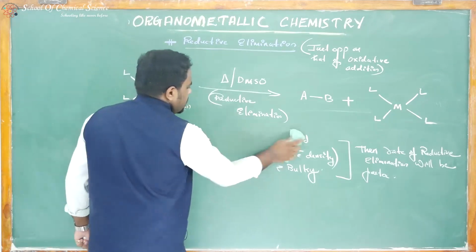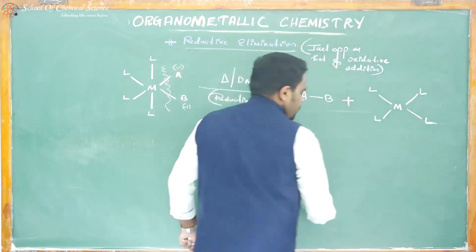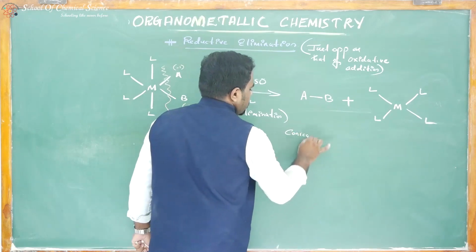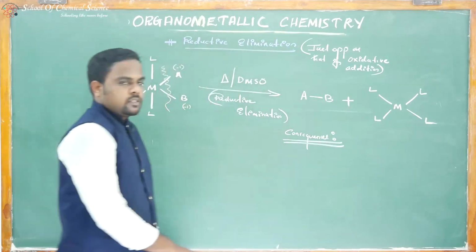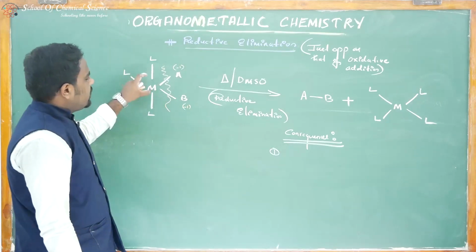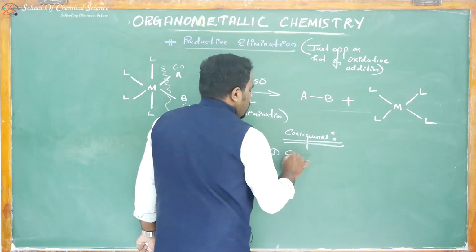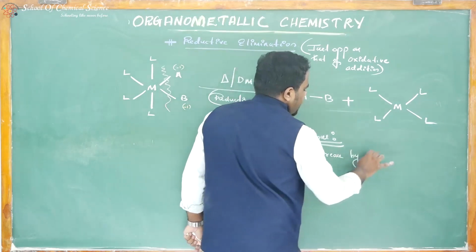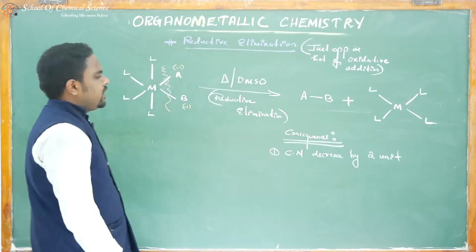Consequences of reductive elimination. First consequence: here coordination number is equal to 6. After reductive elimination, coordination number is equal to 4. So coordination number decreases by 2 units during reductive elimination.